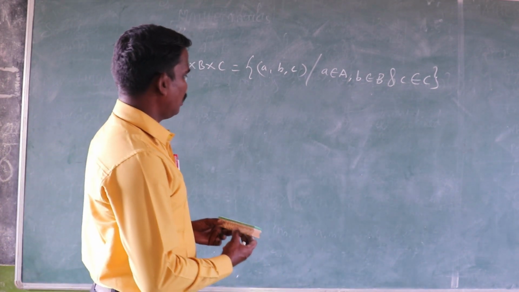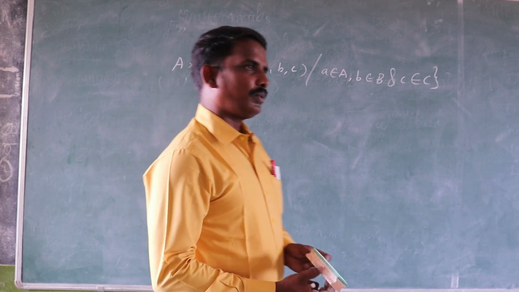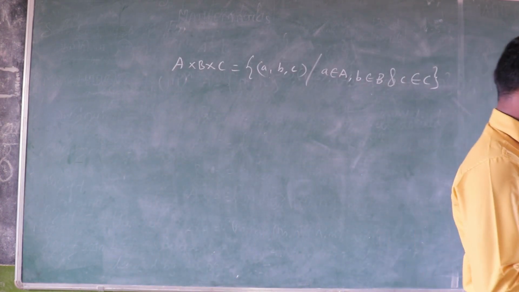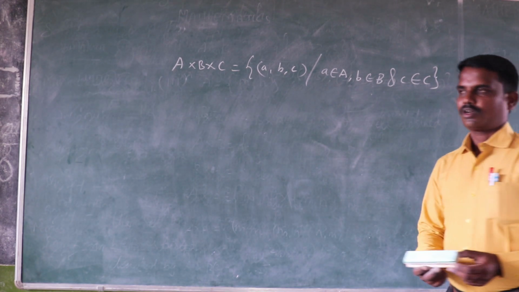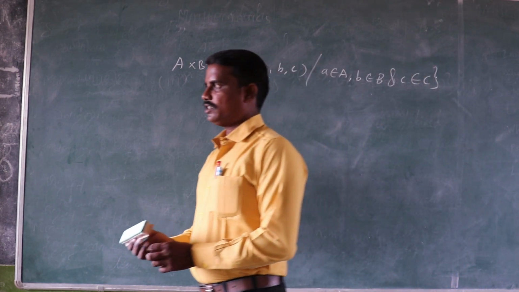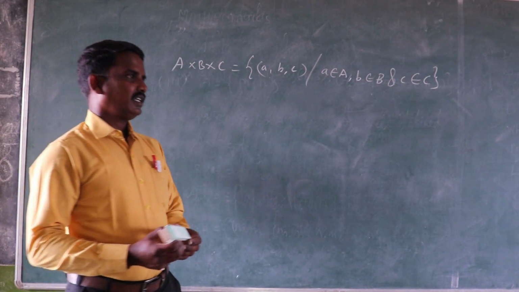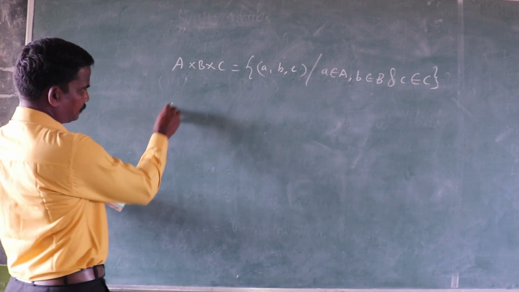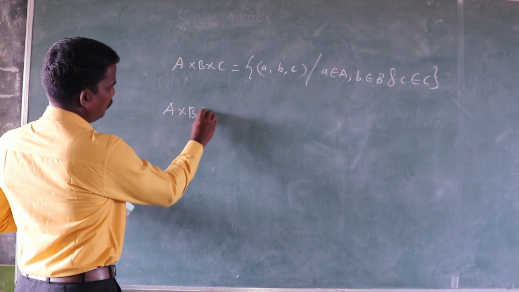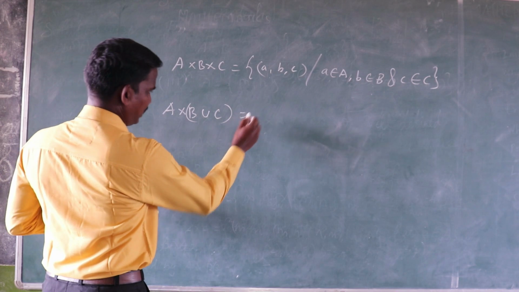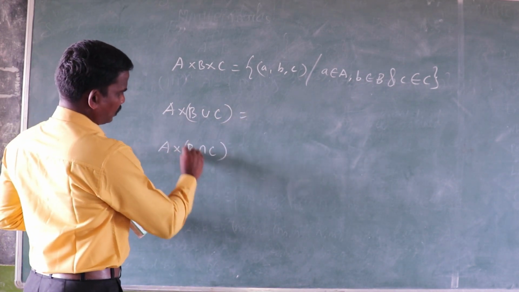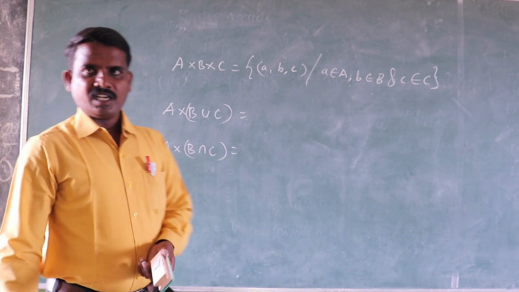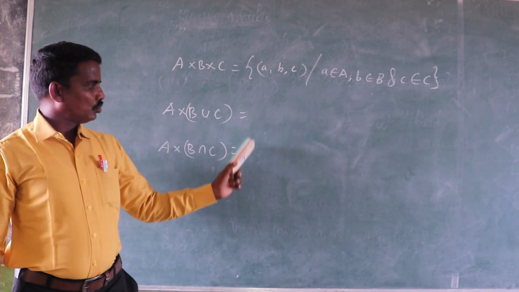Okay. Now the distributive properties of the Cartesian product of three sets over union and intersection. So A cross B union C is equal to what, and A cross B intersection C is equal to what? Can anybody say the answer for these two?